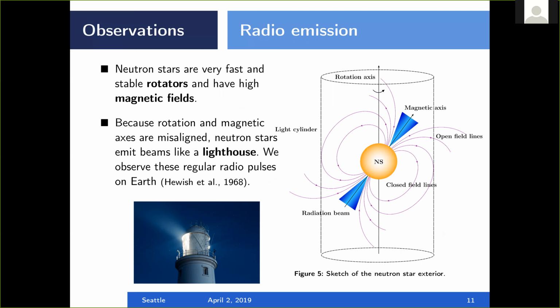I think there are ideas that if you make a neutron star in a supernova, and you have some kind of axis symmetry, and you kick the neutron star in a specific direction, you might be able to twist it, which gives you a preferred direction for the rotation axis. That is one way to have them misaligned by maybe 90 degrees.